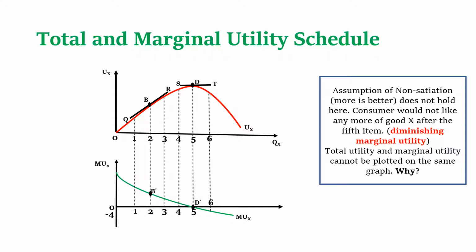That is the reason why we can't have the marginal utility and the total utility function on one particular graph.